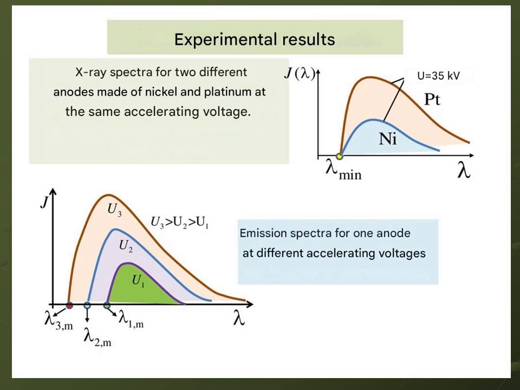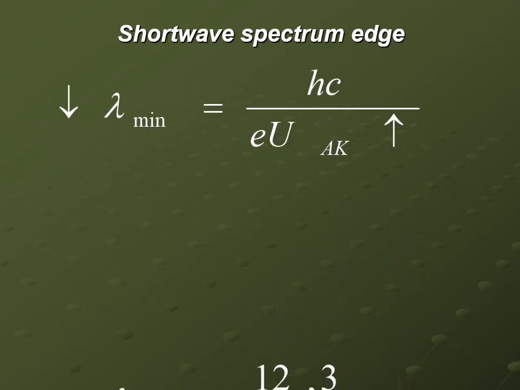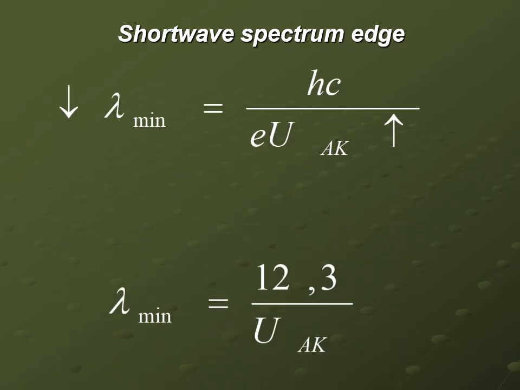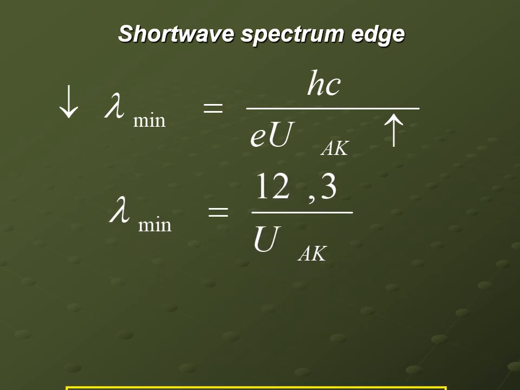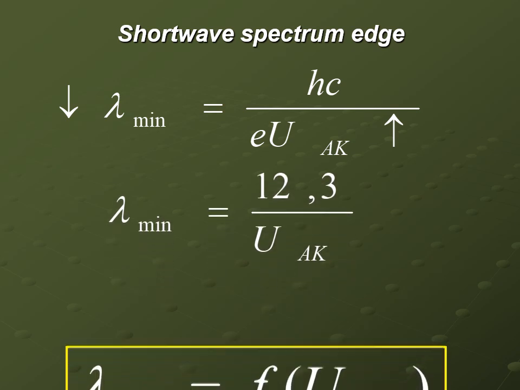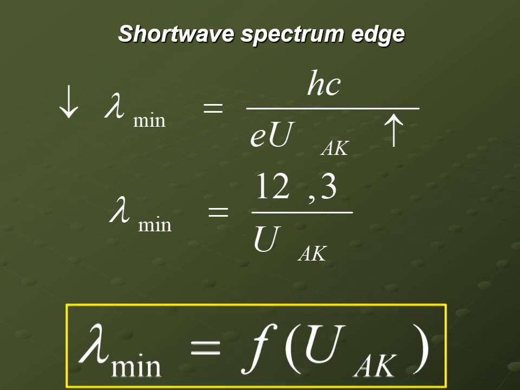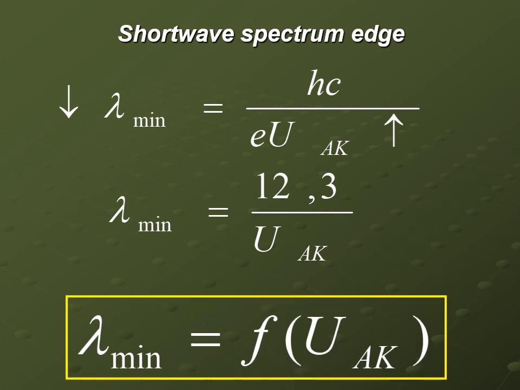The next question is the shortwave boundary of the spectrum. The shortwave boundary of the spectrum can be found from the law of conservation of energy. That is, if you look at the law of conservation of energy, we have potential energy there and also the energy of a photon.